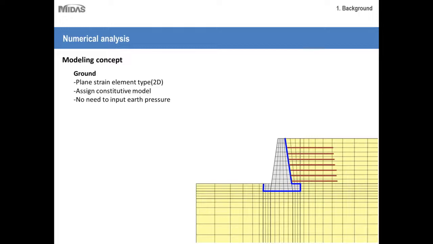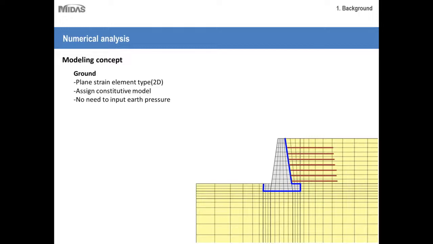If you remember from our previous lectures where we talked about slope stability analysis and retention systems, we often talked about the conventional method where you apply the earth pressure onto the structure based on active earth pressure and earth pressure at rest, and then determine the structural forces in the members for designing.